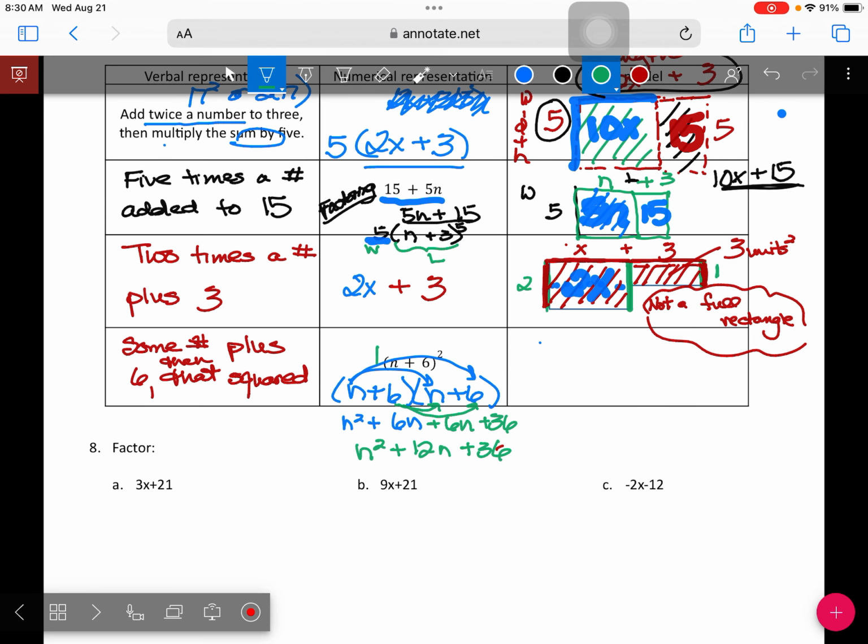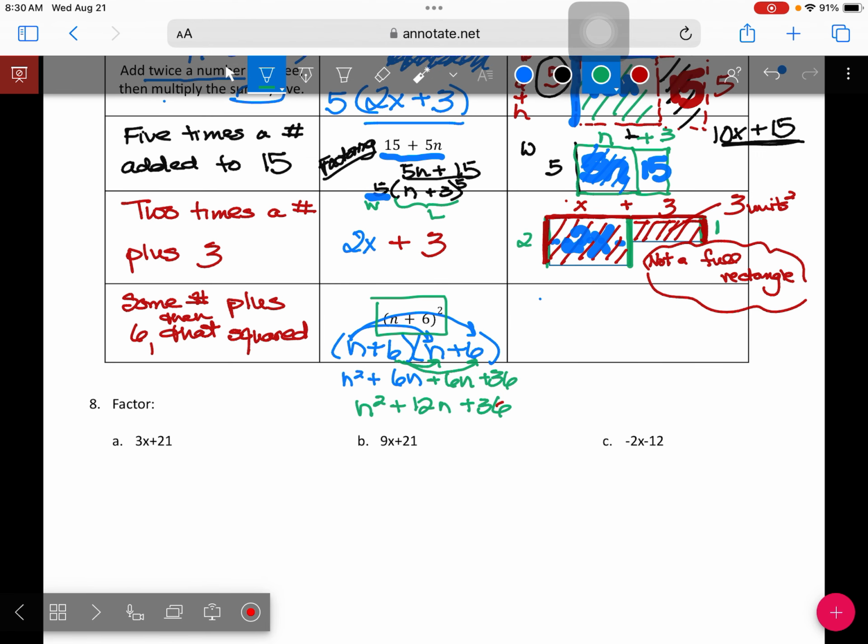But getting back to this, the n plus 6, that quantity squared, what is my picture going to look like? I will have 2 identical rectangles in there, yes. But when you square something, if I say 5 squared and say show that to me as an area, what shape is that? It is a square. Yeah, so the whole thing should be in the form of a square.